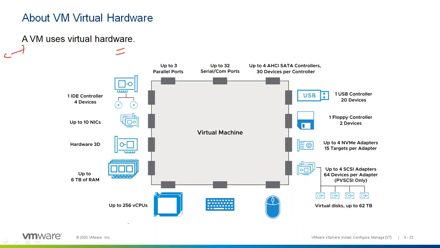So it has the CPU, GPU connector, serial port, iSCSI port, NVMe adapter, floppy adapter, USB adapter, SATA, IDE controller, 10 NICs you can connect, hardware 3D controller, and memory up to 6 TB. These limits, how many CPUs, how much memory, depend upon which version we are using.